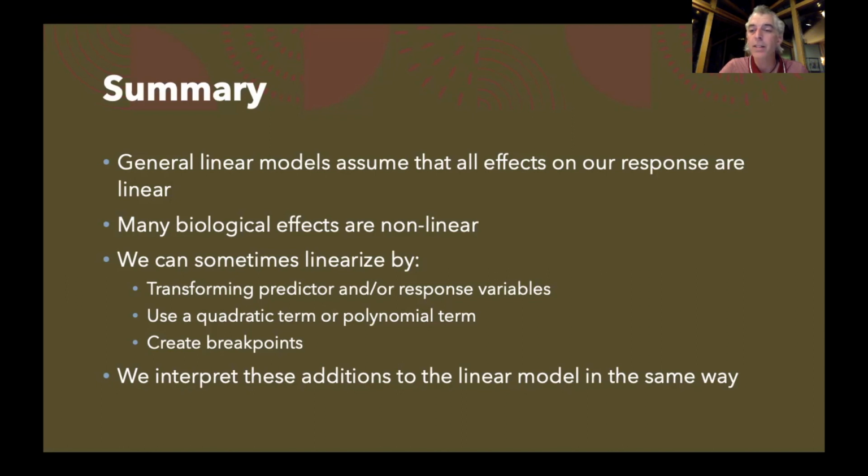But in all of these cases where we're getting parameters for either our transformed predictor, our quadratic predictors, or our breakpoints, our interpretation of the linear models and the parameters that we get from those linear models always remains the same.